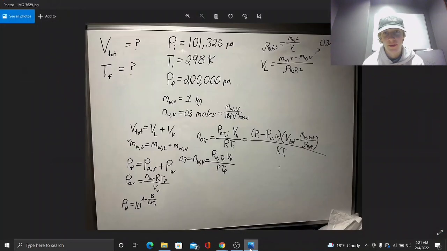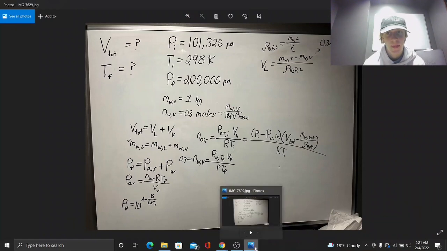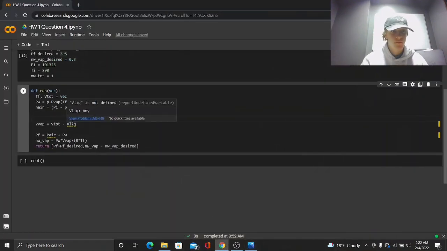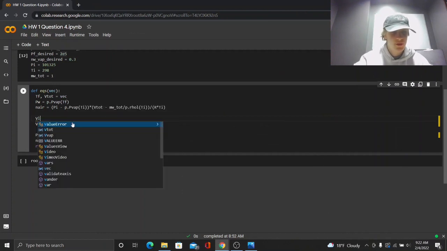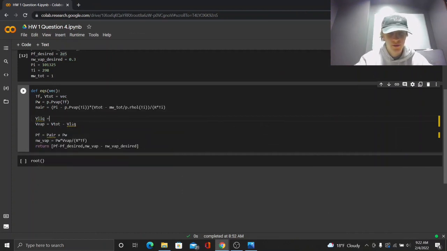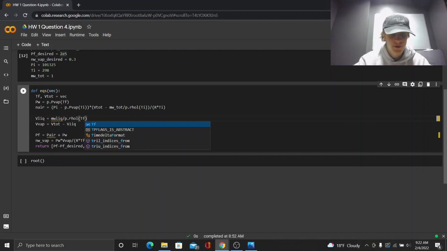The volume of the liquid phase is equal to the mass of the water in the liquid phase divided by the density at the final temperature.